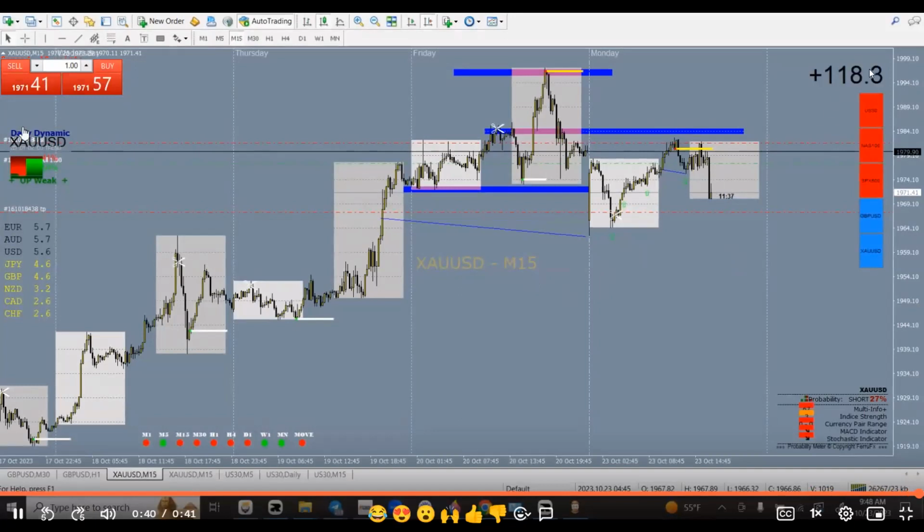Once it started pulling back, I closed. So I didn't close over 100, I closed around 80 something points, but that was the gold trade I took today based off these orders.